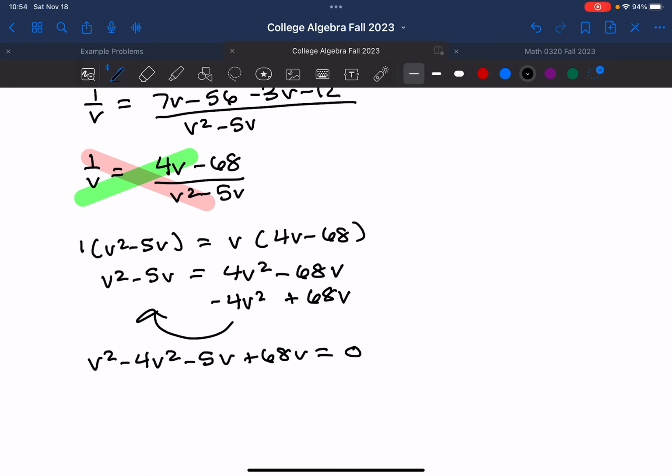Now I'm combining like terms. So v squared minus 4v squared is negative 3v squared, and negative 5v plus 68v is a positive 63v equals 0.